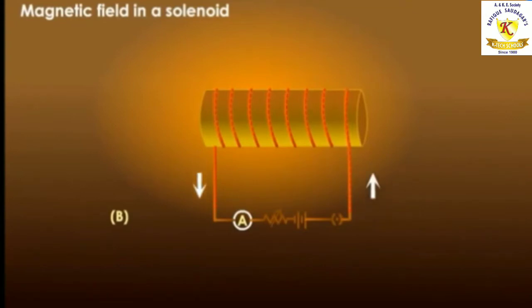So, the left hand side of each turn of the coil acts as north pole, whereas the right hand side of each turn of the coil acts as the south pole.